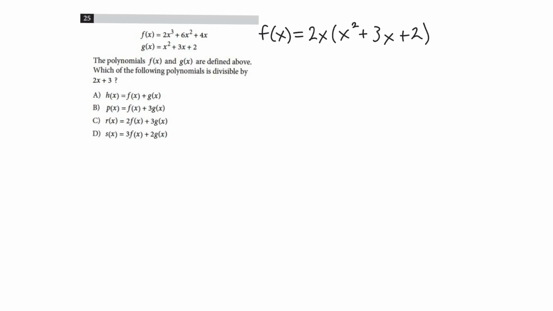Okay, well, that says something right there. So now we know that f of x is really just 2x times g of x. Okay, well, I think that helps. So let's see.